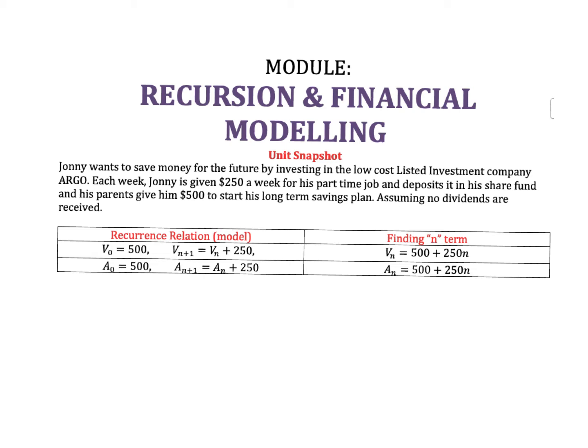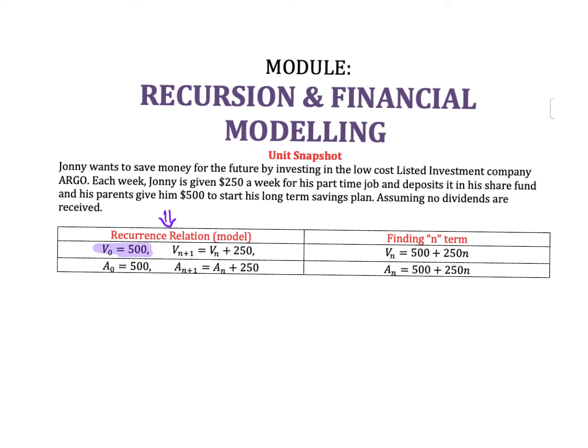So there's a financial scenario, and what we can do is set it up in a recursion language. Here, this first column of the chart is showing you a recursion relationship. They give you what you initially started with.